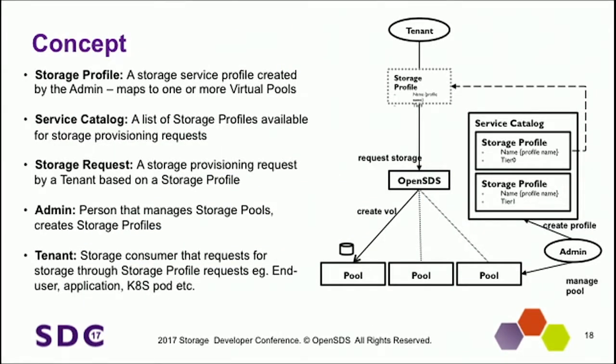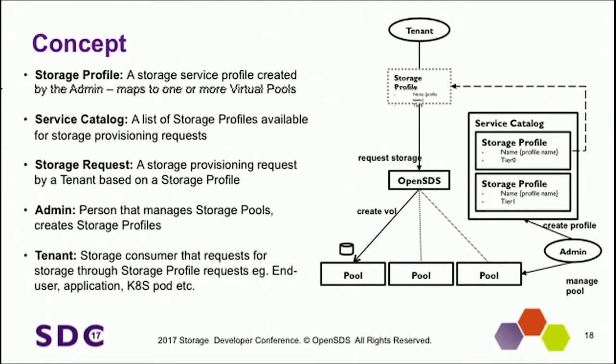Now, I want to share a few concepts and how we are actually thinking currently. Usually how a request will be made for the storage: a tenant basically would request the storage by selecting a storage profile. What is a storage profile?